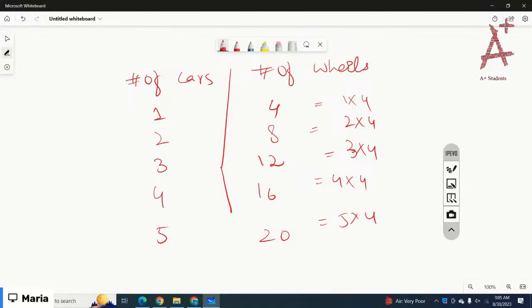When number of cars is 1, you multiply by 1. When number of cars is 2, you multiply by 2. So 4 is constant. That means the pattern you have to write is 4n. n is the number of cars, and you multiply it by 4 to get the number of wheels.